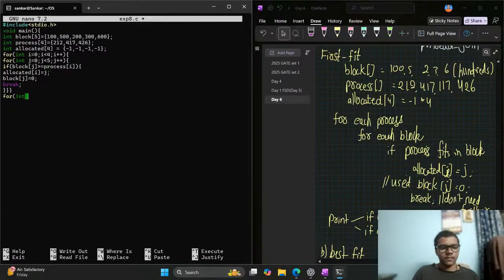And you are going to print the process. So it is going to be 4. If not allocated, say if allocated of i is equal to -1, print the process is not allocated to any block.